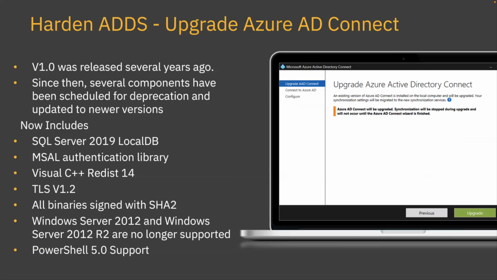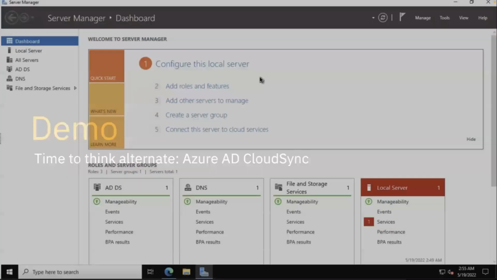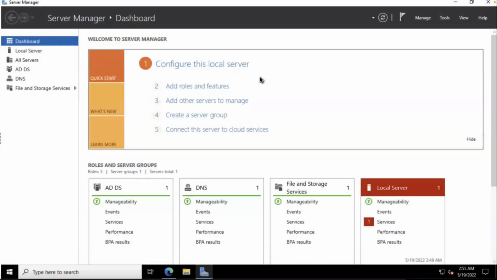TLS has been improved. Security is much better. So definitely, this is the way to go. One thing that you can do is, rather than going with, let's say, Azure AD Connect, there is a lighter option that you might want to consider.